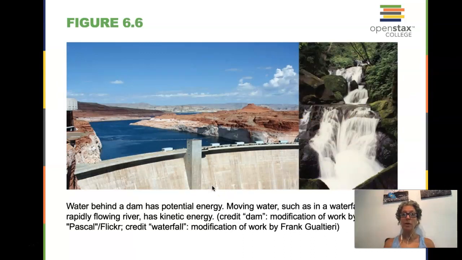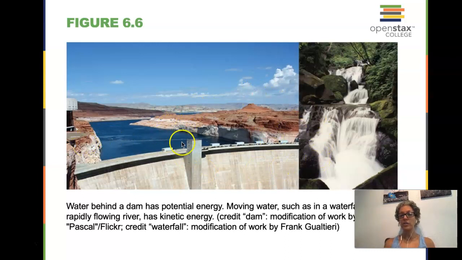When we talk about types of energy, we already talked about light energy, sunlight energy. We talk about chemical energy, but we also have potential energy and kinetic energy. So potential energy is stored energy. Kinetic energy is the energy of movement or work.